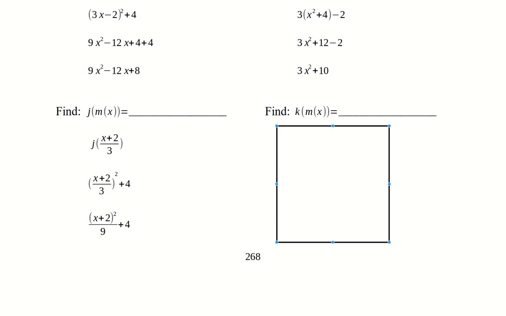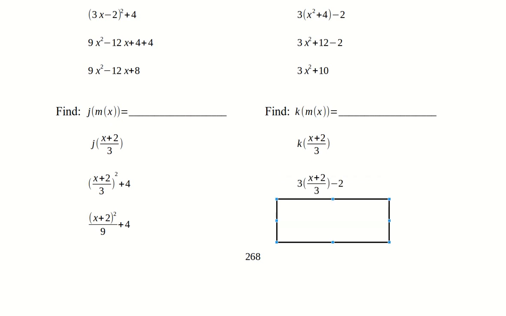What I mean by that is, if we take m and we plug it into k, what do we expect to get? Well, so far you might be saying, okay, we're going to take the definition of m, which is x plus 2 over 3, and we're going to substitute that into the function k. Now, when we do that, notice that it looks like it's saying the same thing twice. Take a look at those two 3's. They're about to cancel.